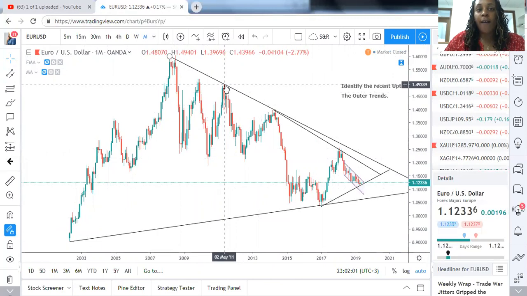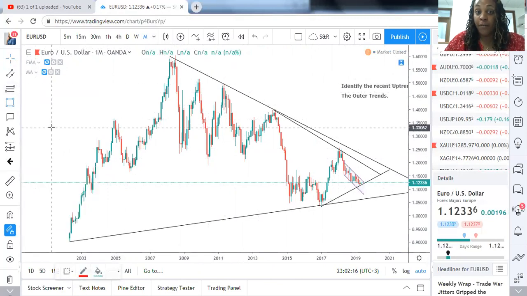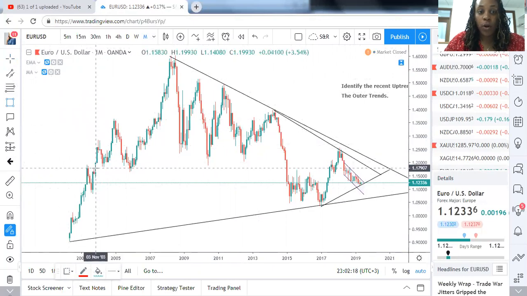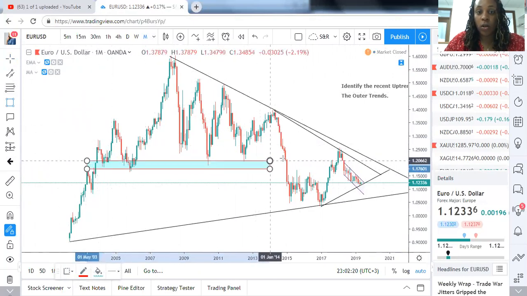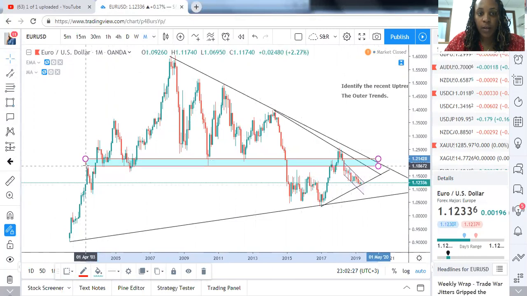Now you also have support and resistance traders, and support and resistance traders are persons who look for a ceiling or a floor, right? So if I do it right here on the monthly time frame, a floor, if you really had to look, you would notice that this here is a type of floor.